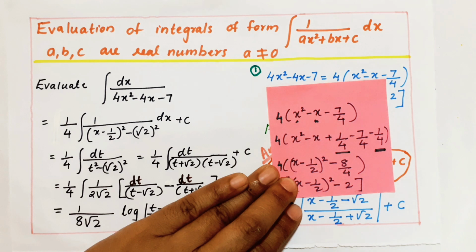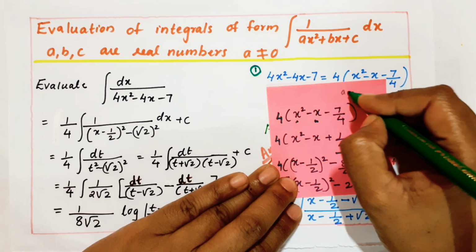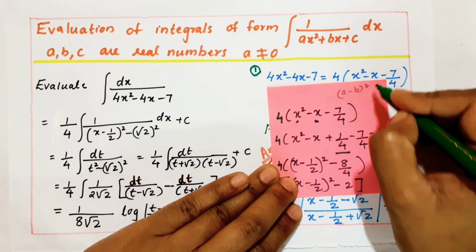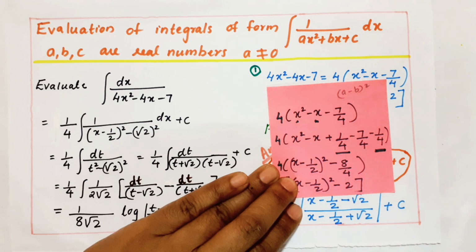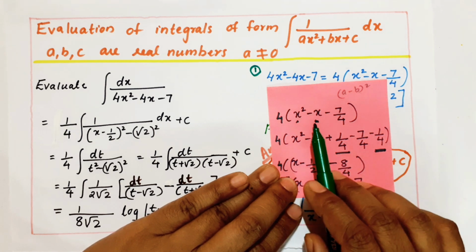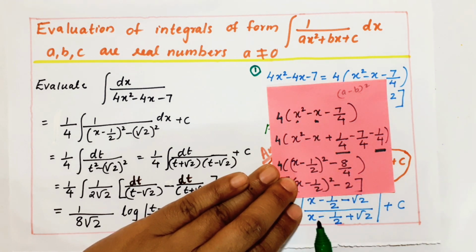How did I get the idea of 1 by 4? 1 by 2 square is 1 by 4. If you are taking a minus b the whole square, I can take b as 1 by 2. What is 1 by 2 square? 1 by 4. 1 by 2 into 1 into 2 gets cancelled and we get the coefficient here as 1. So seeing this term, your mind should work like: I need to convert this into the form of a minus b the whole square.